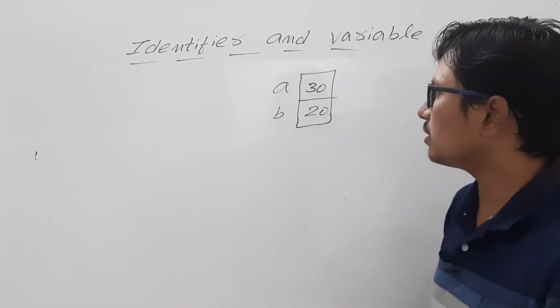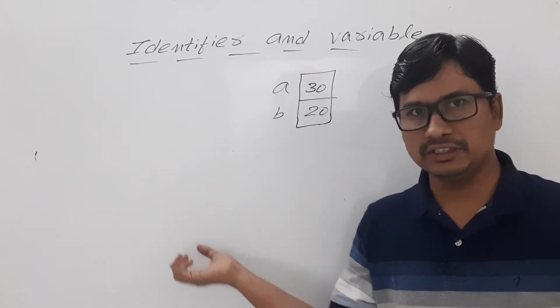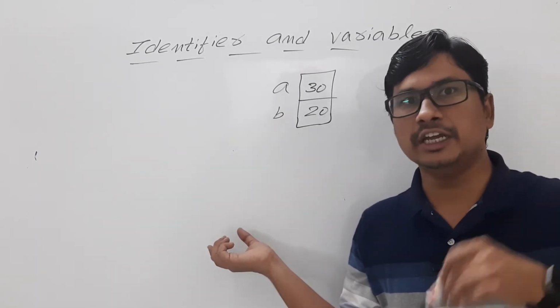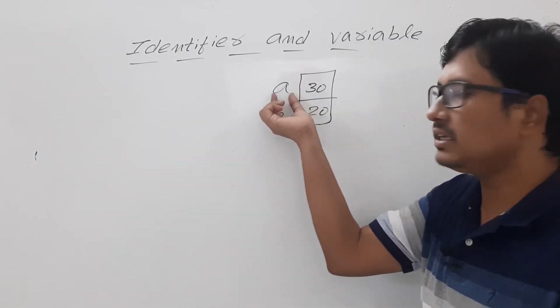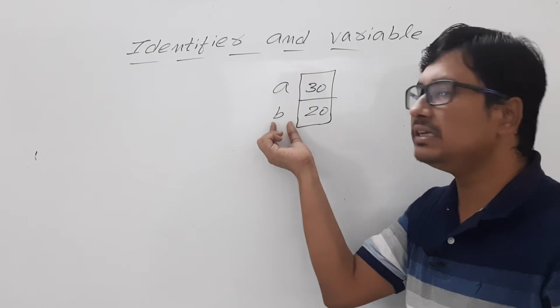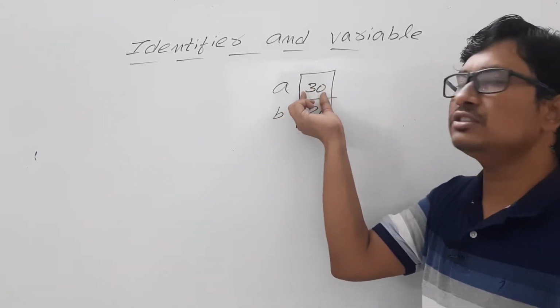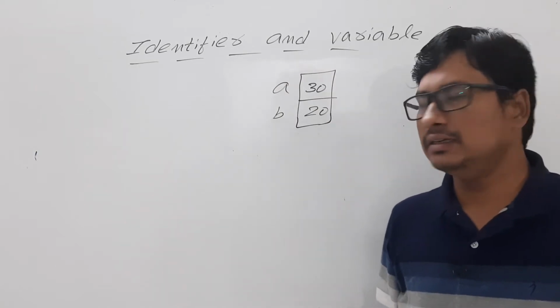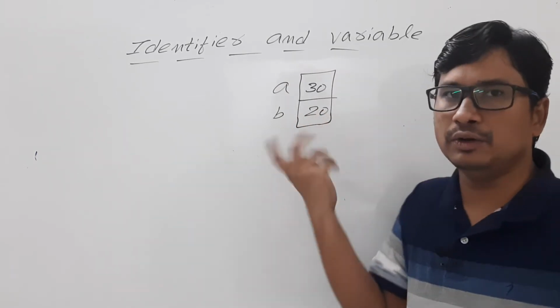Remember one thing, for all variables you need to follow the rules of the identifier. Just now we discussed that an identifier is a name given for classes, variables and methods. So the point here is that a and b are variables given for memory locations, and a consists of the value 30. Is it clear? Here the variable b has the value 20 in some memory location.